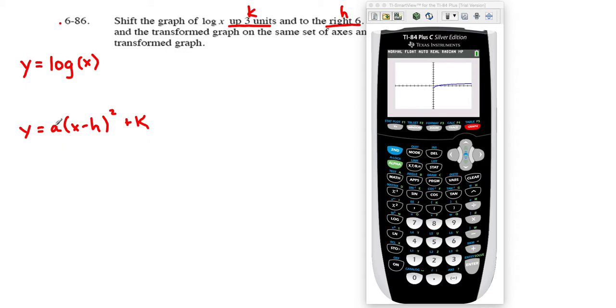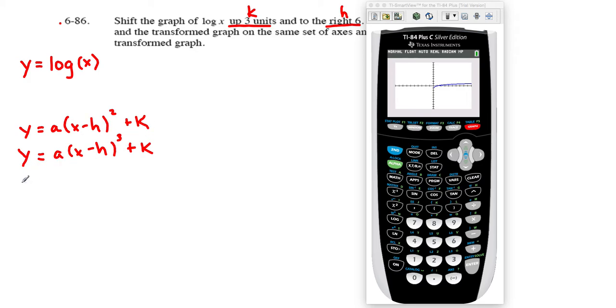And then a affected the orientation and the shape of it, the width of our parabola. We also had cubic functions, which were y equals a times the quantity of x minus h cubed plus k. And the transformations remain the same in terms of the effects of h and k.